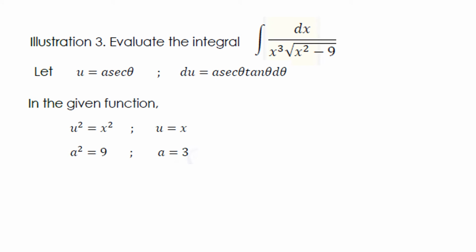In the given function, u squared is equal to x squared, so u is equal to x. a squared is equal to 9, so we could say that a is equal to 3.